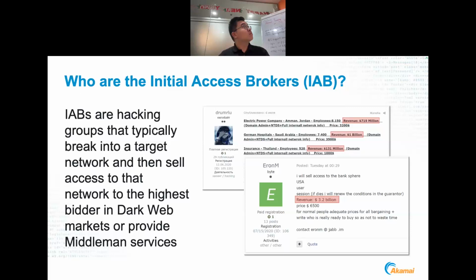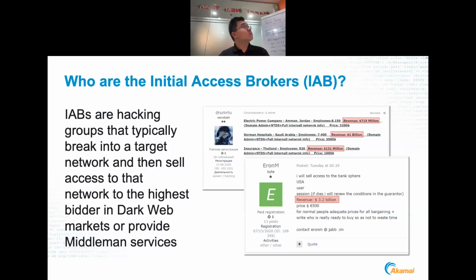What they do is they will hack into someone's network, but they won't do anything further, they just sell the access to other people. That's why they call it initial access broker. They won't really do anything extra like steal data or do lateral movement. They just want to sell the access to other people.